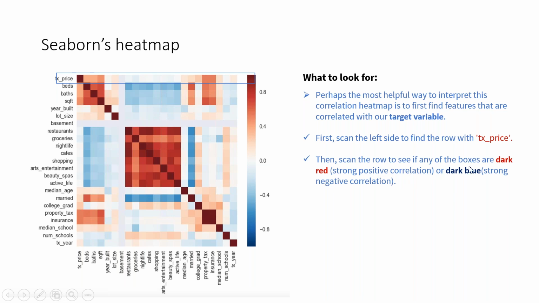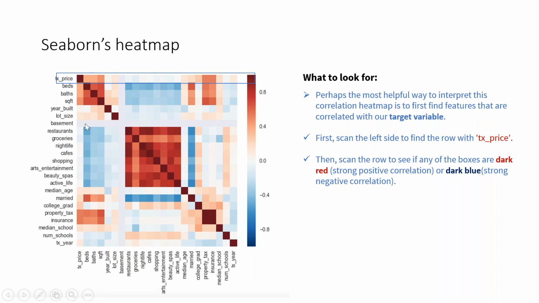Scan the row to see if any of the boxes are either dark red, indicating strong positive correlation, or dark blue, strong negative correlation. Meaning if there is a strong red, there is a positive correlation close to 1. If there is a strong dark blue, there is a strong negative correlation.